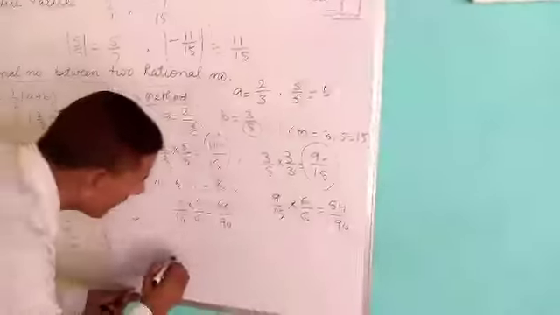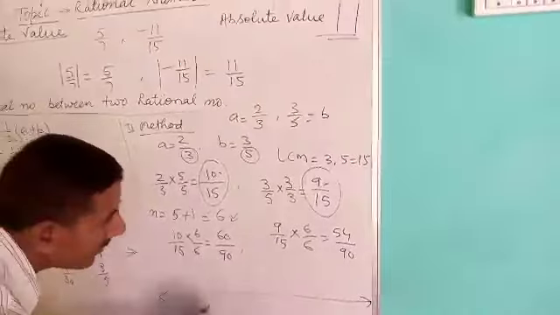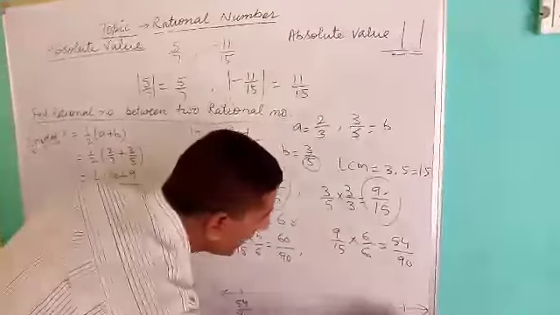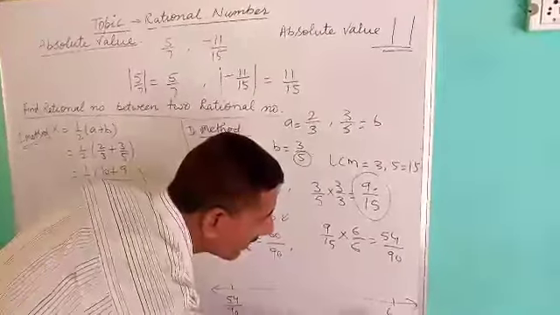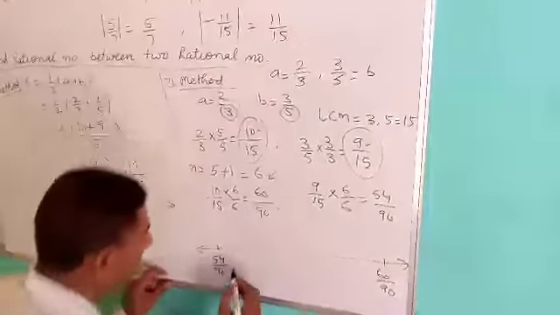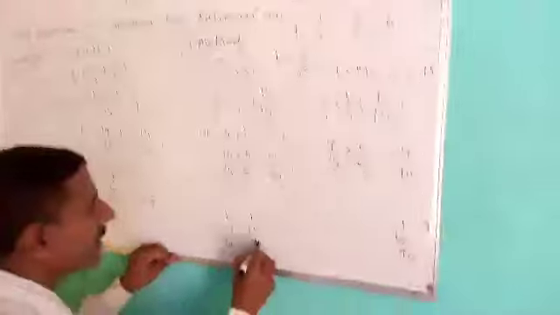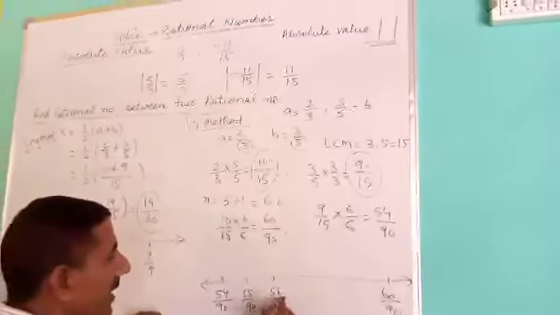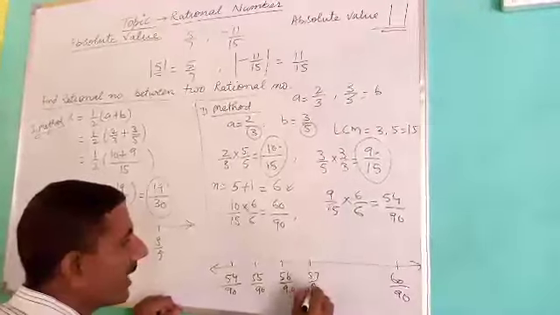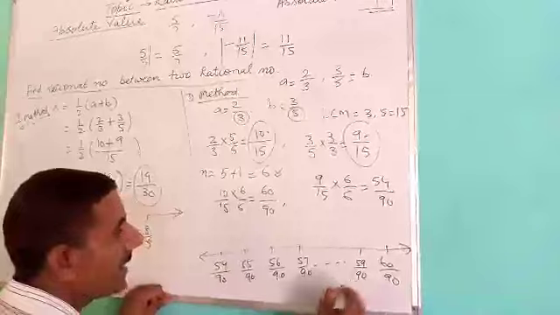Now you have 54 upon 90 and the second is 60 upon 90. The numbers between these are 55 upon 90, 56 upon 90, 57 upon 90, and so on, and 59 upon 90.